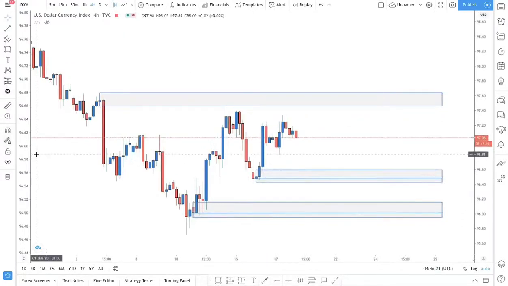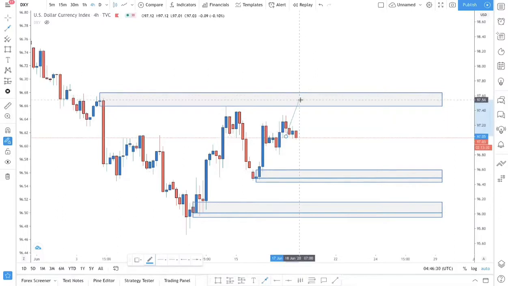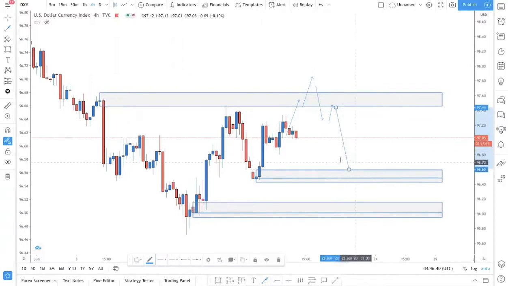Let me indicate some. We may see it push out to the zone. Sometimes you may even see a fake out and then a retest before you can see it move to this level right here.